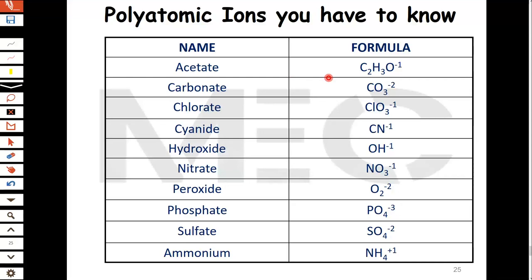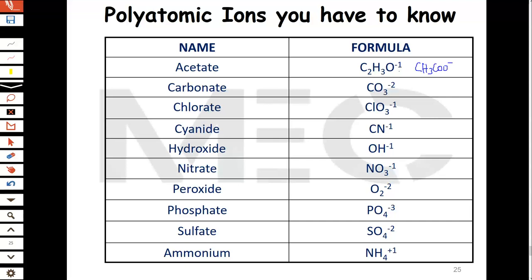Acetate is C2H3O2 minus, or it can also be written like this: CH3COO minus.